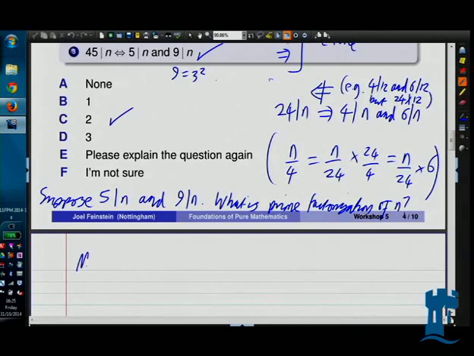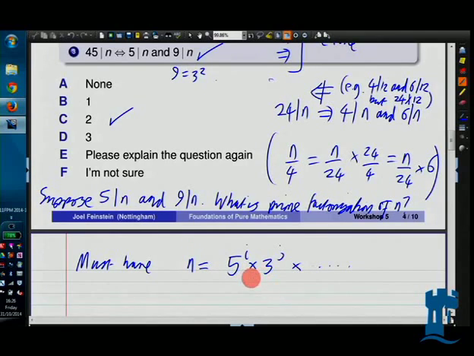So we must have n equals 5 to the i times 3 to the j times some other stuff, which could be 1. There might not be any other primes in n. But it's definitely got a 5 in, it's definitely got a 3 in.